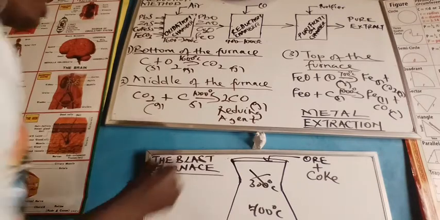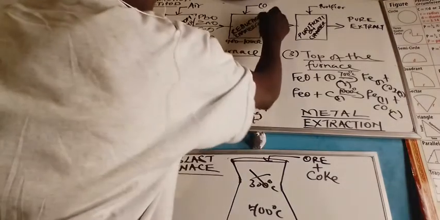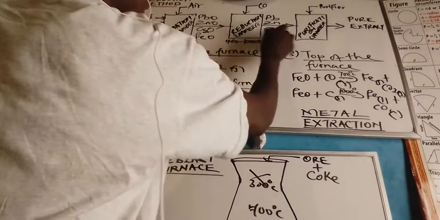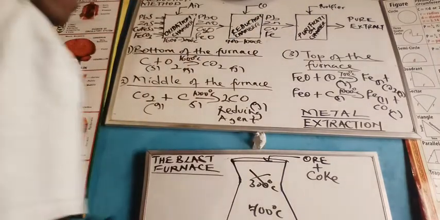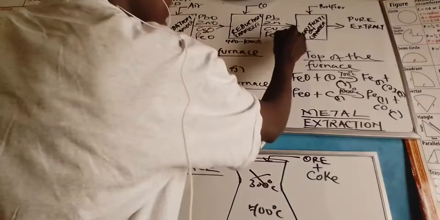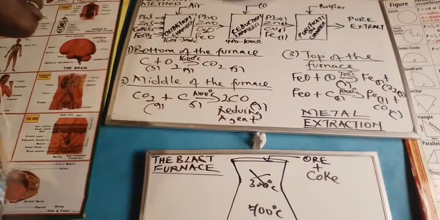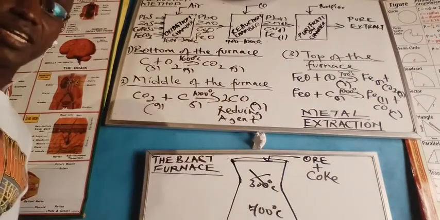Reduction is the removal of oxygen. So we end up forming a respective lead, zinc, copper, and iron metals. If the temperatures are high, they will be in molten states. But if the temperatures are roughly 700, they will be in solid states.